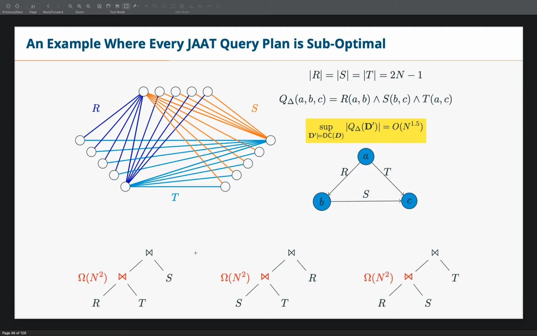So that means that a join-at-a-time query plan is suboptimal for this query. And it doesn't matter which query plan; for all query plans, there's an input instance that is going to be pretty bad. However, if the query is just joining two tables, then this algorithm can be optimal. So it depends on the query.